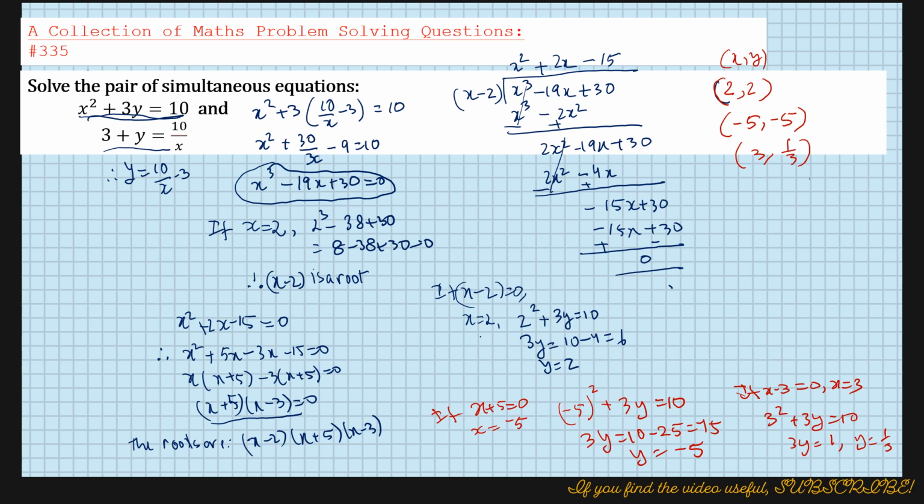So we can write these as the solutions: x is 2, y equals 2; x equals minus 5, y equals minus 5; and x equals 3 and y equals 1 out of 3.